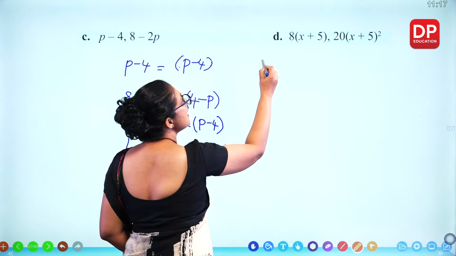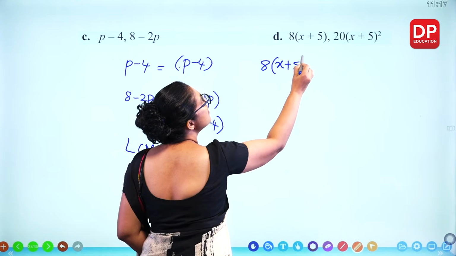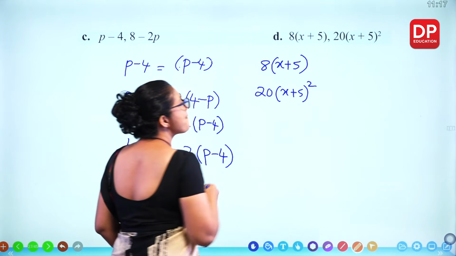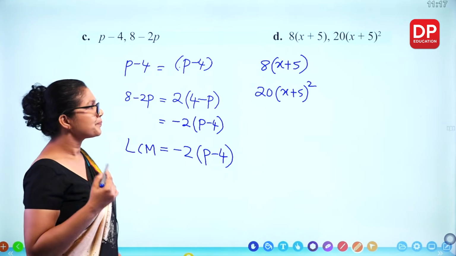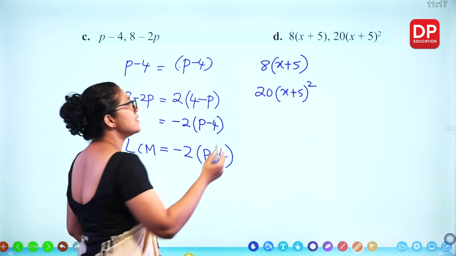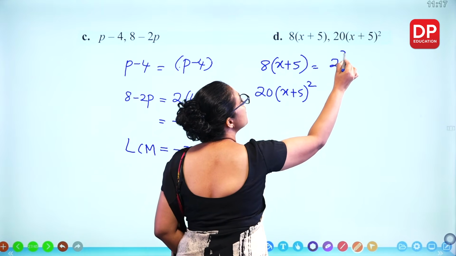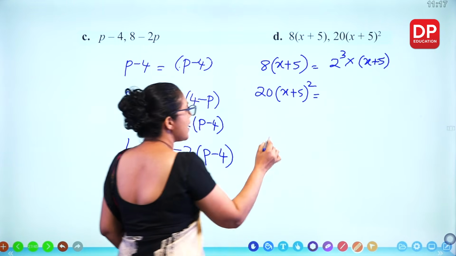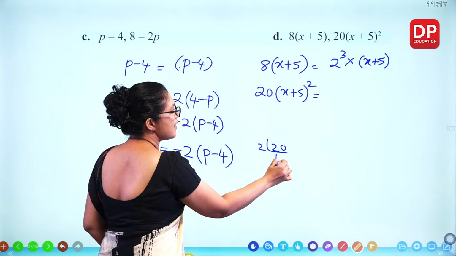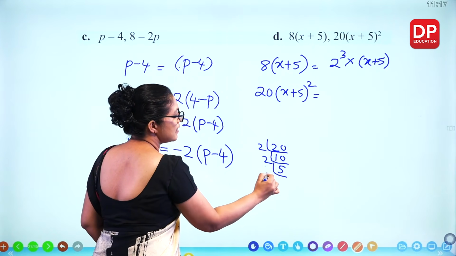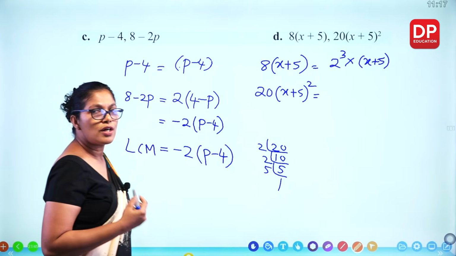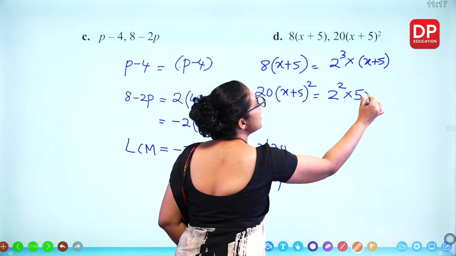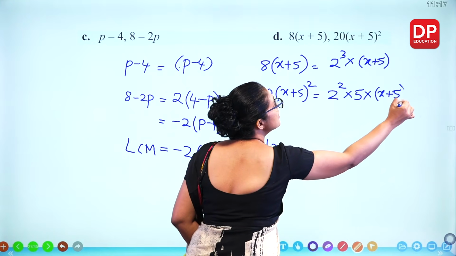Now look at the next one. So you are getting 8 with x plus 5 and 20 with x plus 5 squared. So what's the common number? 8, how can I write? 8 I can write 2 to the power 3 into x plus 5. How can I write 20? 20 I can write as 2 to the power 2 times 5 and x plus 5 squared.